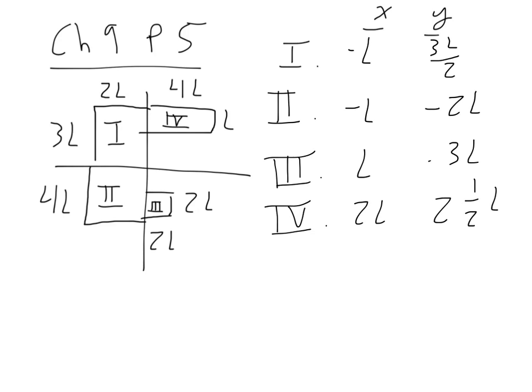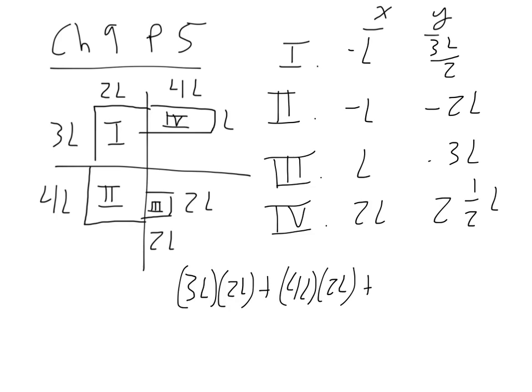Now from here we have to think very carefully about how we're going to model the mass for each one of these slabs. Since the slabs are all uniform, we can base the mass off of the area of each slab. If you have more area, then that means you have more mass. So that would mean that the first slab has a mass of 3L times 2L. The second slab has a mass of 4L times 2L.